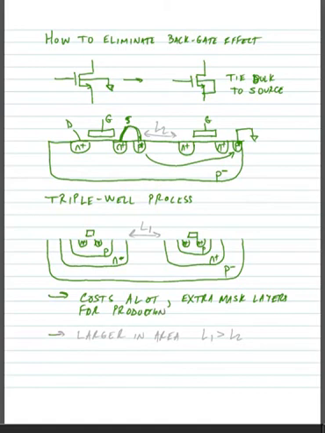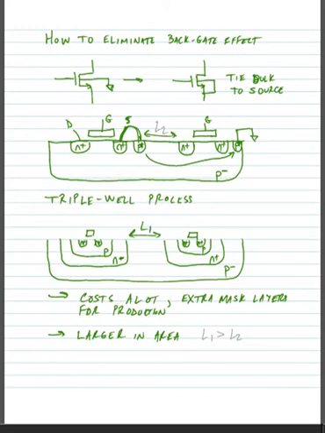Not only do I need extra mask layers, but because I can't put these transistors very close together, it's larger in area as well. Because I have to have these two different wells isolating each other, so I can't move the transistors as close together in this particular process.